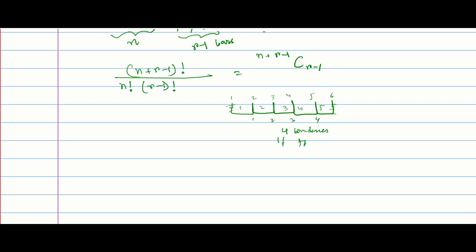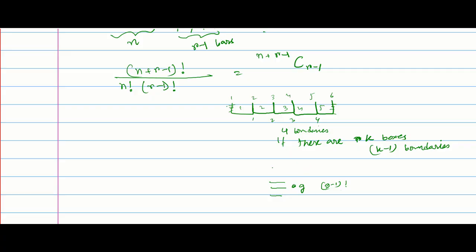So if there are k boxes, there should be k minus 1 boundaries. Similarly, if we now replace the box with an energy level, and there are g energy levels, then we can say there are g minus 1 boundaries.